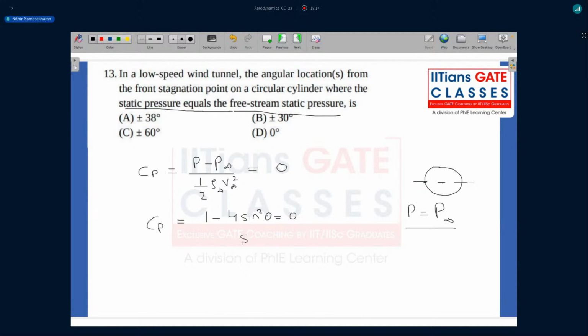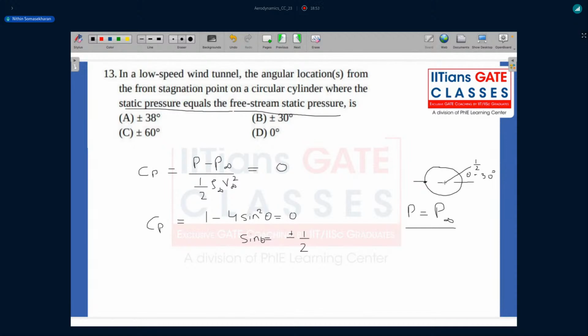So this basically tells us that my sine theta is nothing but plus minus half, right? So your sine theta is plus minus half at four locations. One is when theta equals 30 degrees. I'm basically calculating this angle going in this way. So at theta equal to 30 degrees, your sine theta is basically plus half.